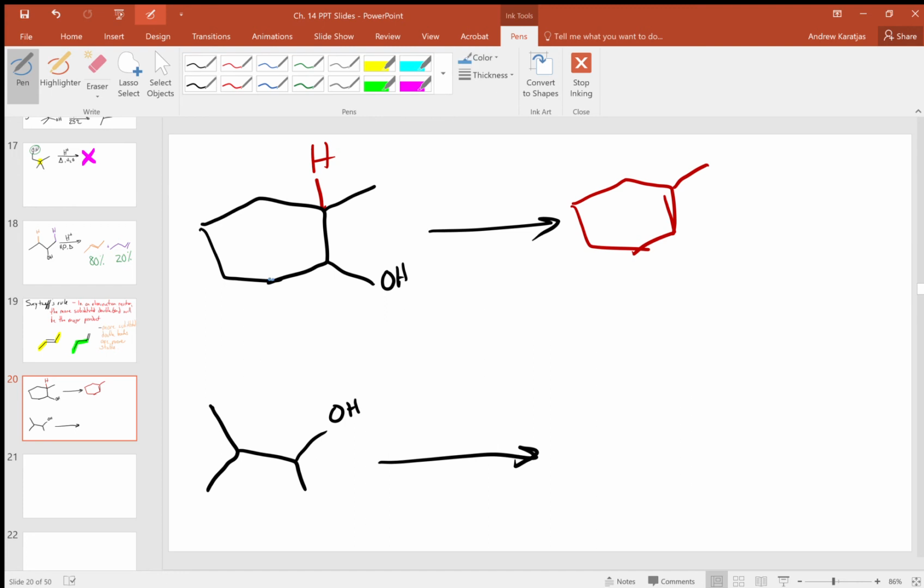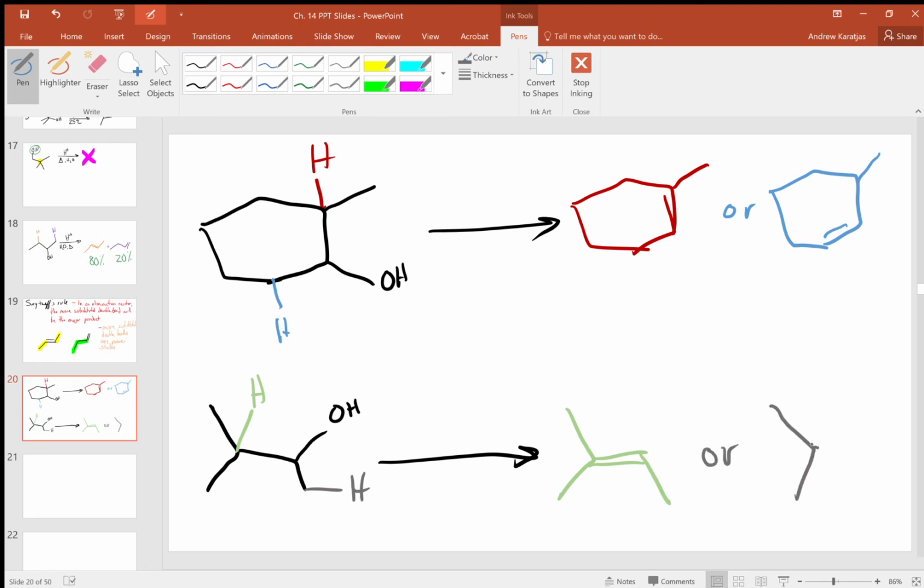Or we could go to the other side of the alcohol and remove that hydrogen. Same thing with the molecule below. We could remove this hydrogen, giving us that alkene. Or we could remove that hydrogen, giving us a very different alkene.